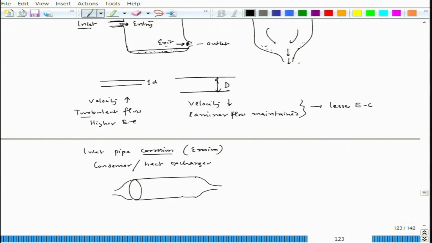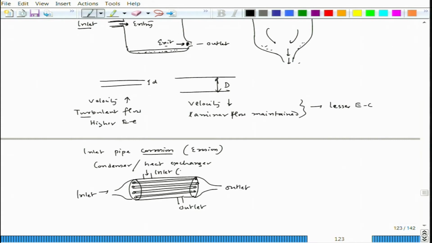Now, there are small pipes, a multiple number of pipes, so these pipes are there and this would be the inlet, this is outlet, this is inlet, this is outlet.